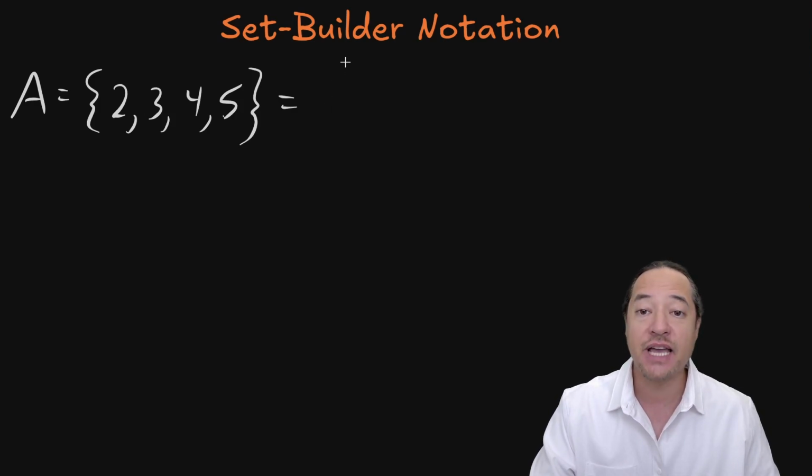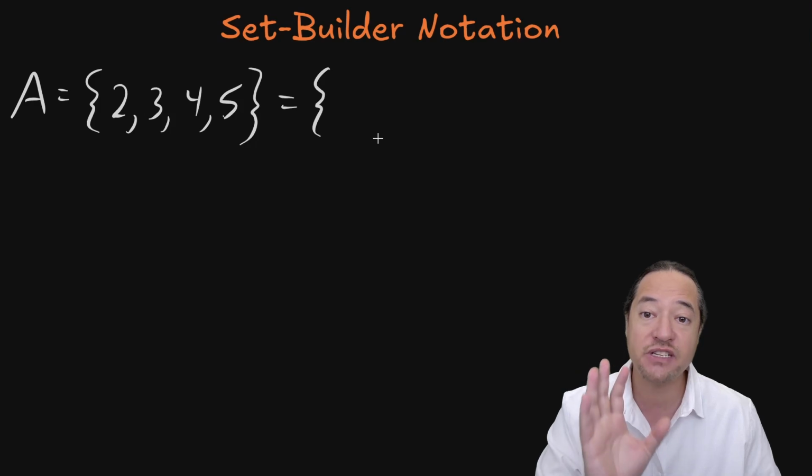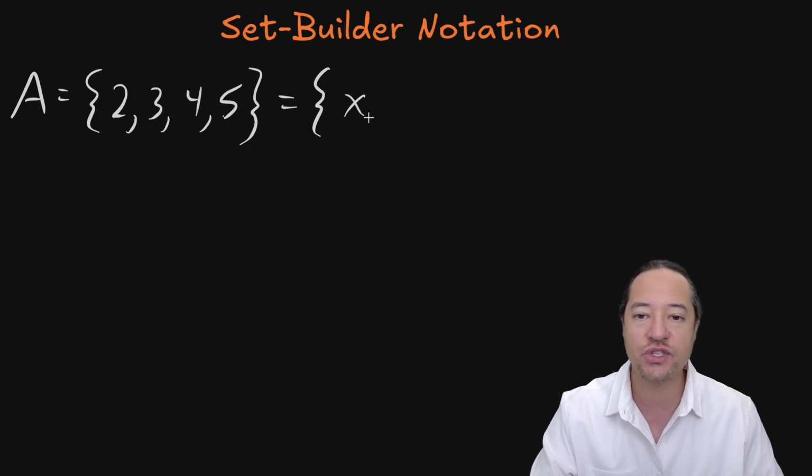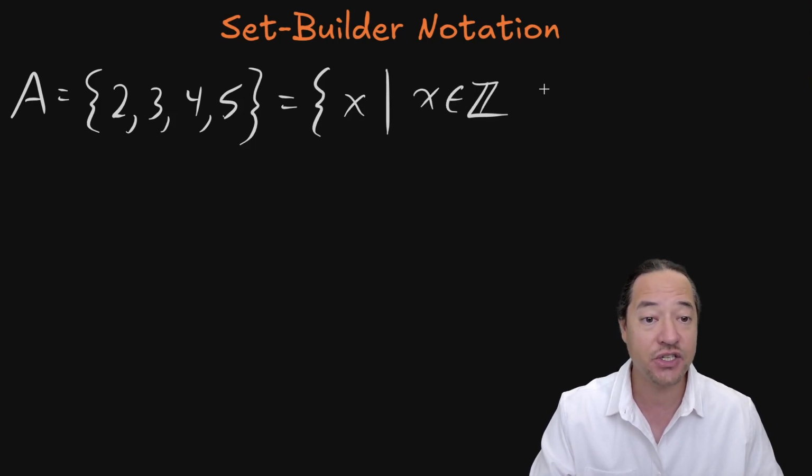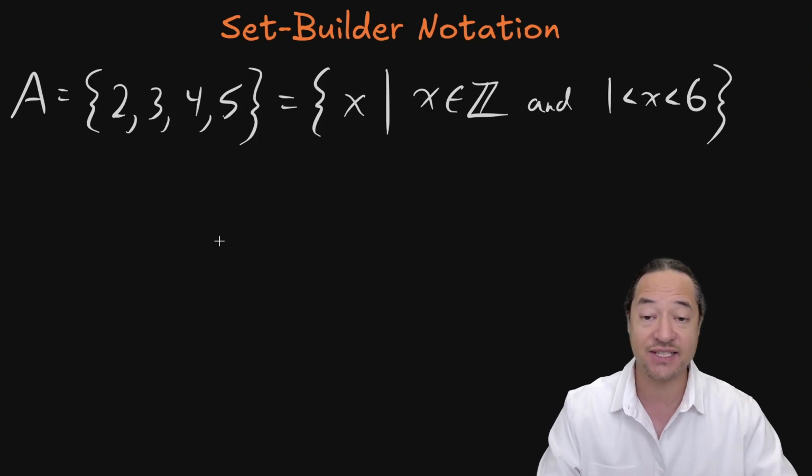So let's do that. You're also going to use a curly brace for set builder notation, but first we define a variable. In this case, we'll say this set consists of all x, such that x is an element of the set of integers, and 1 is less than x is less than 6, and then we'll close out the set here.